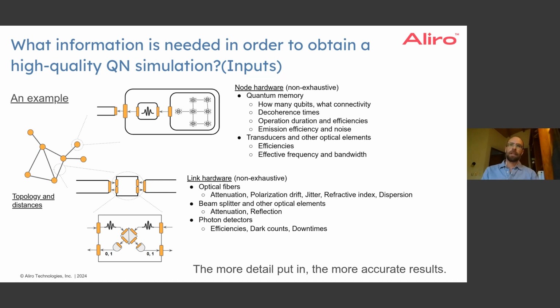It's a little tricky to describe at a high level how much detail you need, because sometimes you don't need that much, if you only need a higher level understanding of what your network is going to do. Other times, the pieces of hardware and small little effects can have huge implications, and so it can sometimes be tricky to know exactly how much detail you need. But in general, the more you put in, the better.